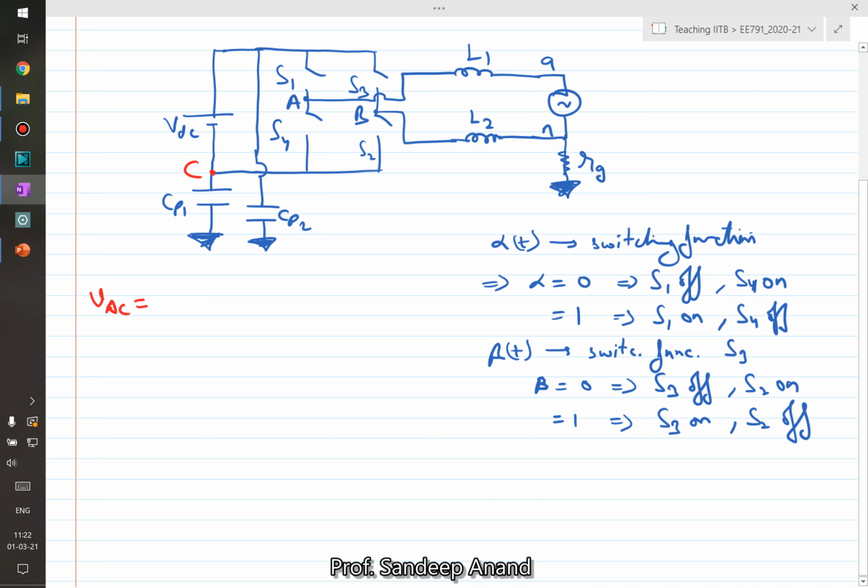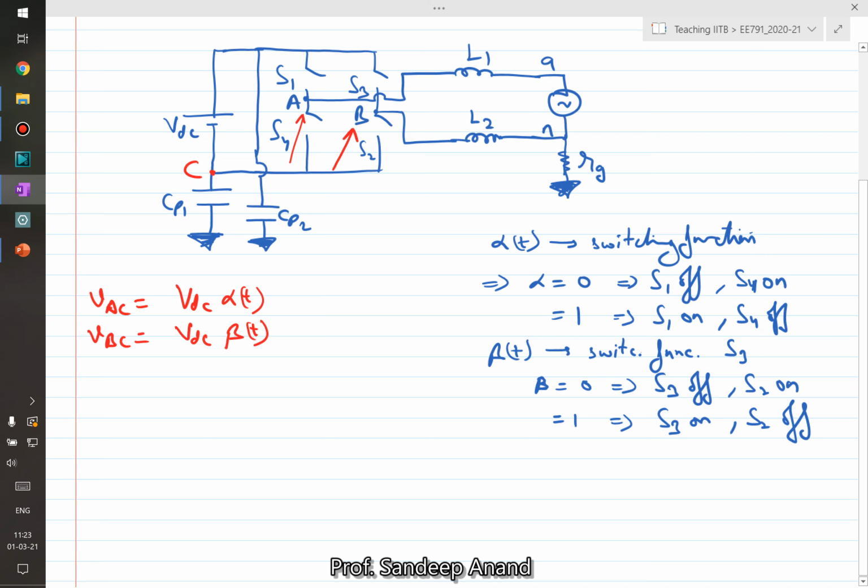VAC is nothing but VDC into alpha of t. So if alpha of t is 1, that means S1 is on, that means VAC is equal to VDC. If alpha is 0, that means S1 is off and S4 is on, right? In that case, VAC is equal to 0. Similarly, I can define VBC as VDC into beta of t. So you see I have defined VA with respect to C and also VB with respect to C.